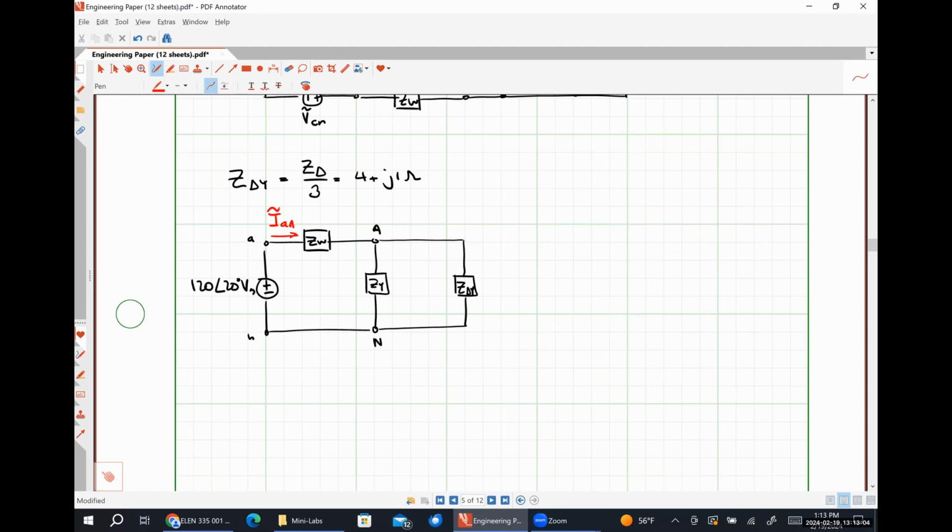So we can definitely find our line current IAA because that's a direct thing. We can definitely find our phase current through the Y connected load, IAN. And that's it. We cannot find our phase current through our delta connected load because we no longer have a delta connection to look at, right?